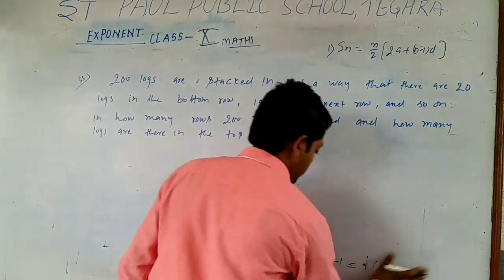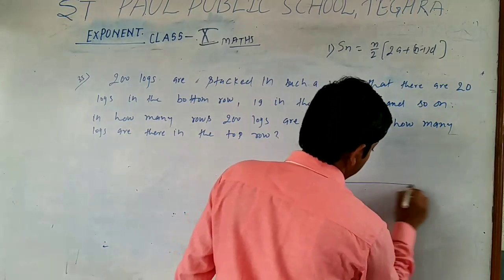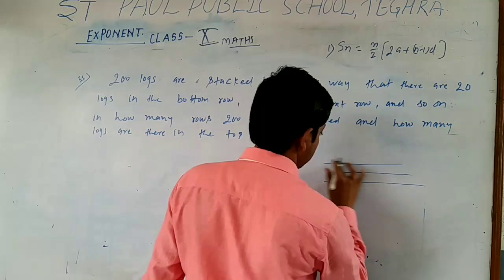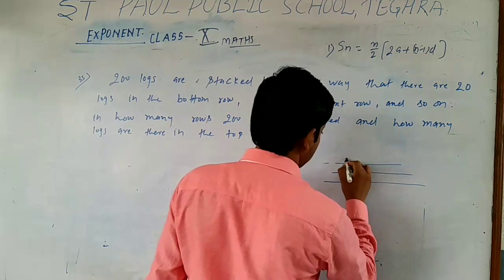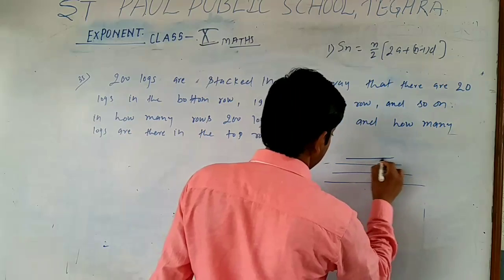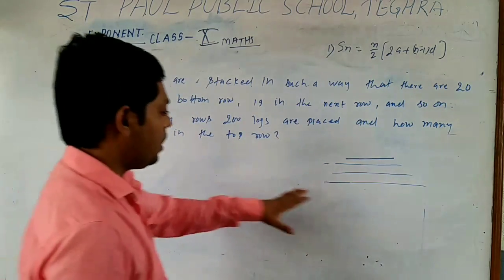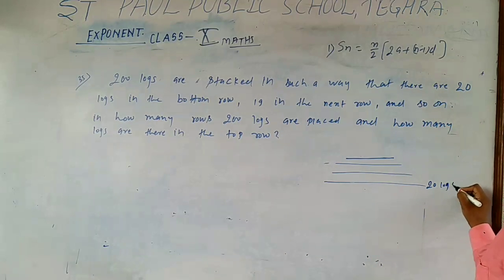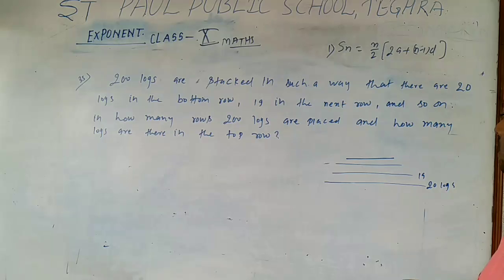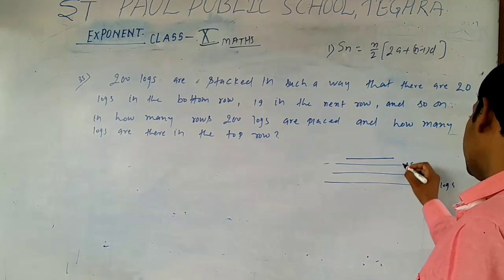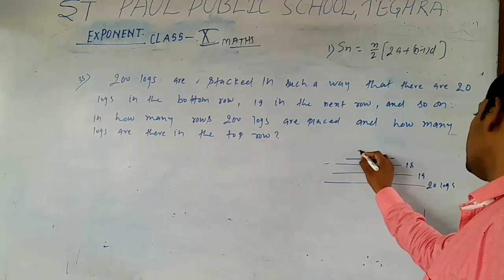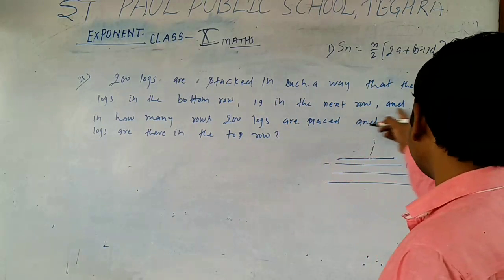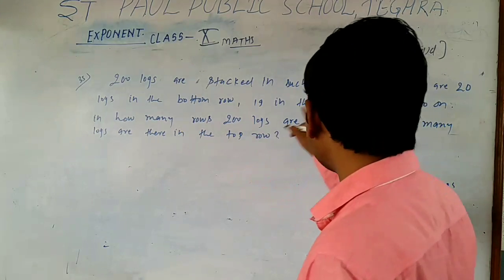In this question, we are given many rows of logs stacked in such a way that the bottom row has 20 logs, the next one 19, the next one 18, and so on. In how many rows are 200 logs placed?